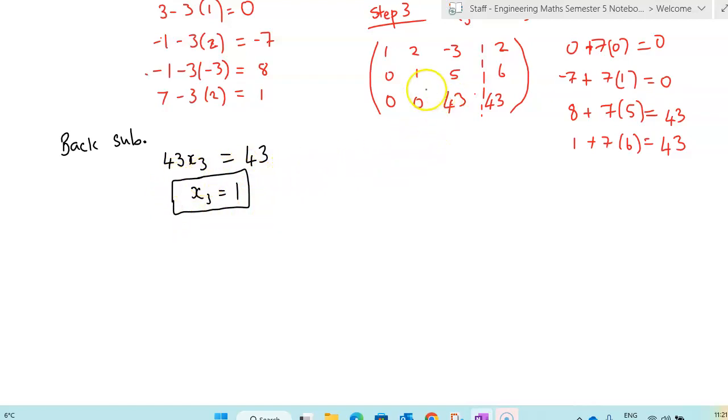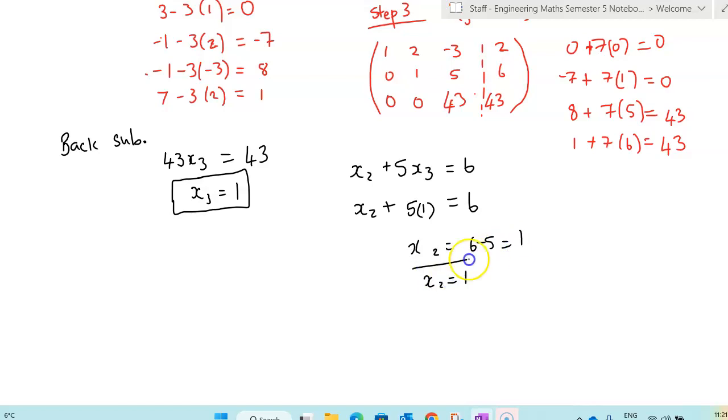Then the next row has the x2 column and the x3 column: x2 plus 5x3 equals 6. But we know x3 equals 1, so x2 plus 5 ones, which is 5, equals 6. So x2 must equal 6 minus 5, which is 1. We have x3 equals 1 and x2 equals 1.